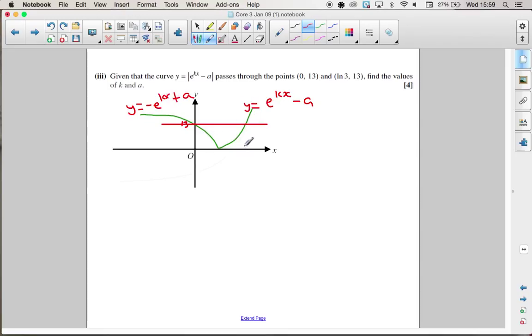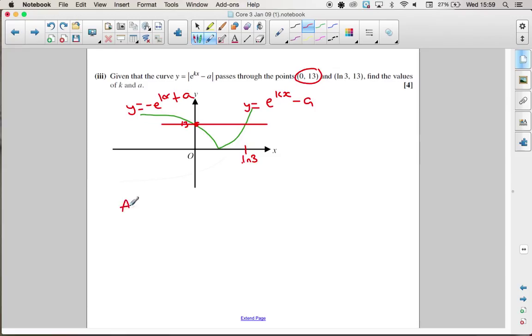And we also know that this point here is ln 3. So I'm going to use this coordinate first, and I'm going to sub that in to this equation here, because that's what's happening at this point.